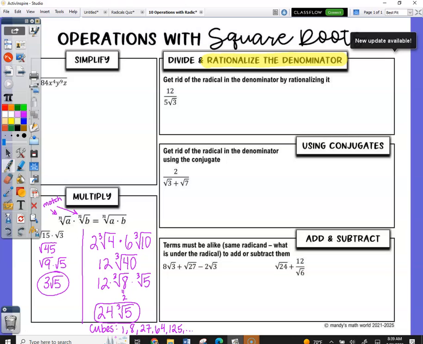What is the problem? The problem is the square root of 3. This is the issue, right? That's what's breaking the math rule. So you multiply by the square root of 3 over the square root of 3, because that is your fancy 1. And then you just multiply straight across.